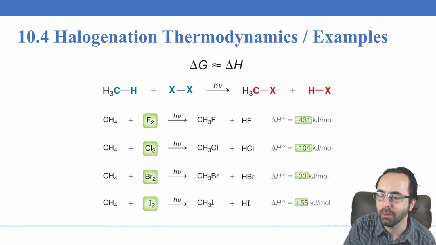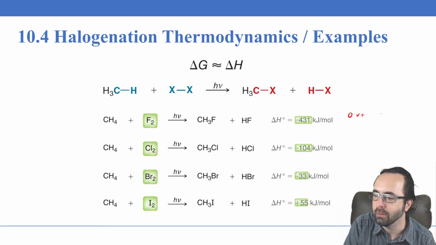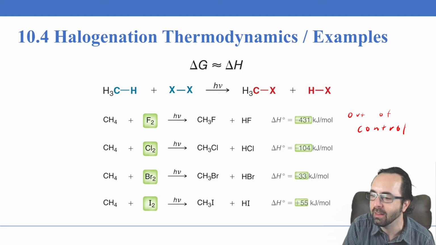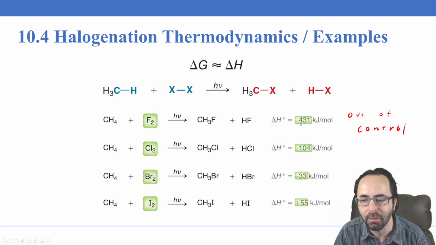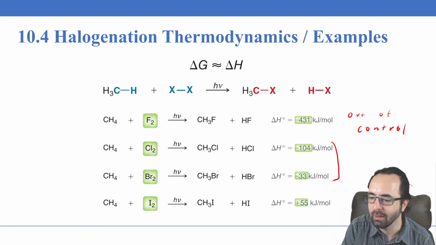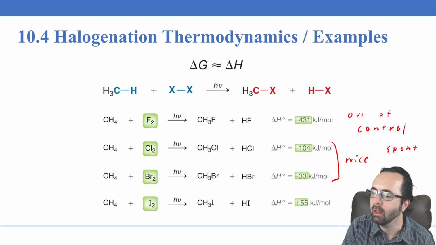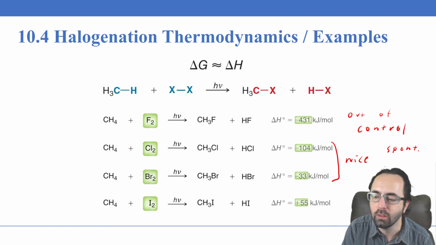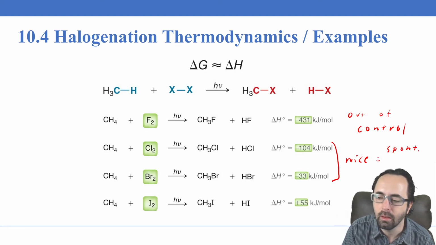Now, this one's kind of out of control. It's too exothermic. It's going to be very, very spontaneous, but it's going to be really, really out of control. The chlorine and the bromine have this happy medium here. So these are nice. They are spontaneous, and that's because they're exothermic, but they're not too spontaneous.